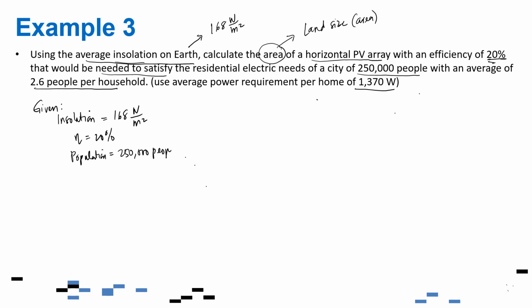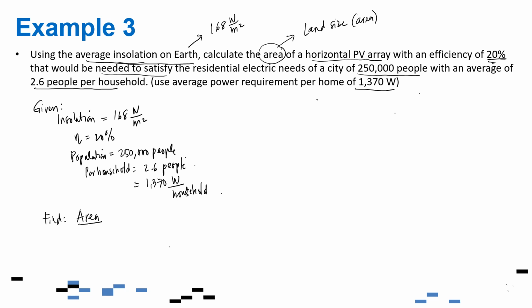We are also given the average household of 2.6 people per household, and then there's also a power requirement of 1,370 watts per household. So these are now given, and the question is to find the area.